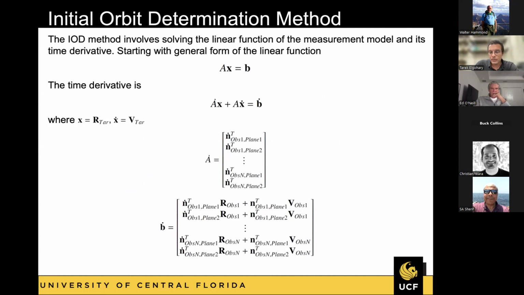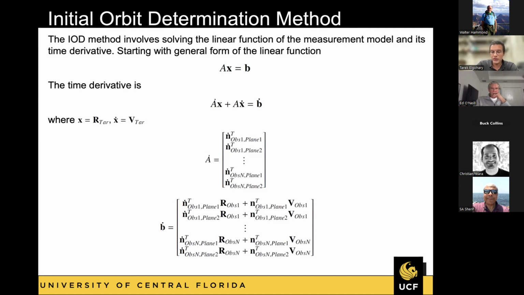One of the main things that you can use this for is something called initial orbit determination. So we have essentially Ax equals b, a simple least squares type problem. We take the time derivative of that to include angular rates. And essentially we come up with the position and the velocity of the target, a full initial orbit determination using least squares.